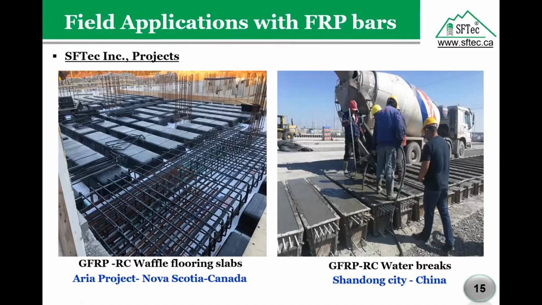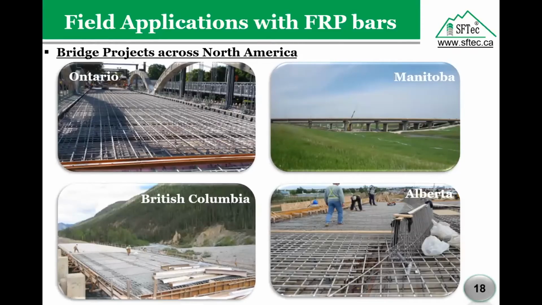We have a very good advantage with FRB bar, which is the tensile strength. The tensile strength of the FRB bar is approximately 4 times the yield stress in steel bars.